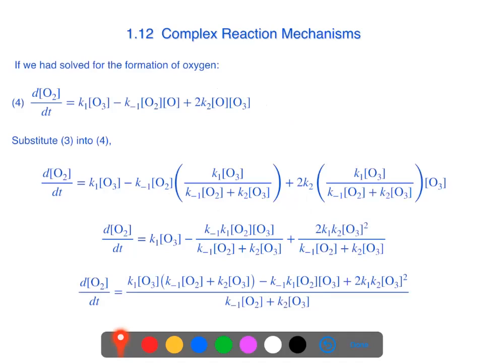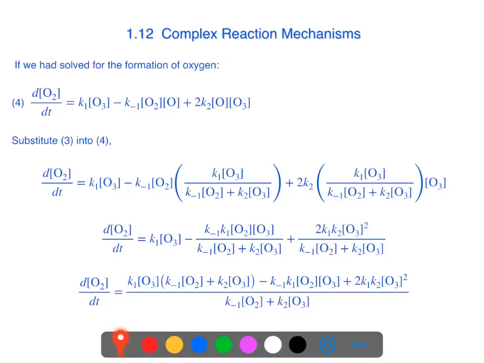And so I want to show that this is self-consistent, that we could solve for decomposition of a reactant or the formation of a product, and that will lead us to the same final rate law expression for the overall reaction. So in order to do that, we need to first solve for the formation of O2.